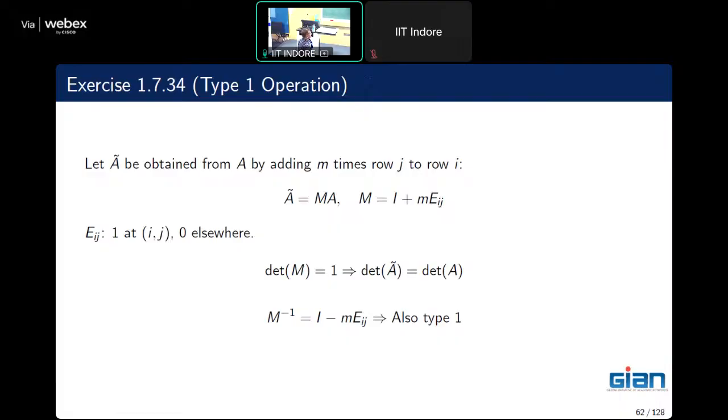The determinant of the elementary matrix is always equal to 1. And determinant of A tilde and determinant of A will be the same. So if you are multiplying with the elementary matrix, its determinant won't change. And also it will be easier to calculate the inverse of the matrix. For example, when you are finding the inverse of the elementary matrix, you just look at the off-diagonal entry, and it will be of opposite sign. So if it is positive, you make it negative.